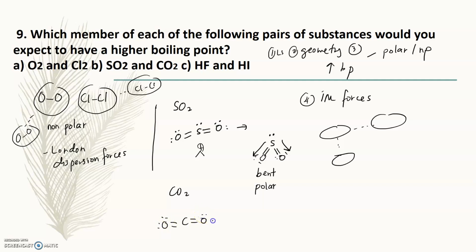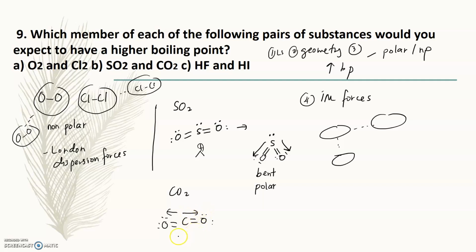we compare. Oxygen attracts electrons more towards oxygen compared to carbon. So this is a polar bond between carbon and oxygen. But whether the molecule is polar or non-polar, you look at the dipole moment. The vectors point in different directions, or they can cancel each other.